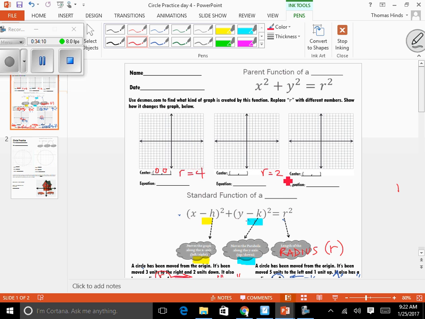So what is it that he wants them to do? Let me see if the sliders only make it bigger and smaller, but don't change the center. So let's try it this way. For the first one where the R is 4, use the slider to make the R bigger or smaller, and then sketch it.